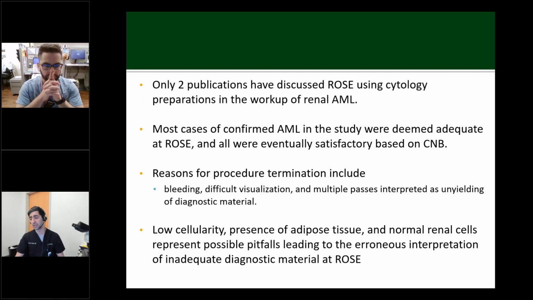The procedure termination reasons included bleeding, difficult visualization, and multiple passes interpreted as unyielding of diagnostic material. Low cellularity or the presence of adipose tissue and normal renal cells represent a possible pitfall leading to erroneous interpretation of inadequate diagnostic material at ROSE.